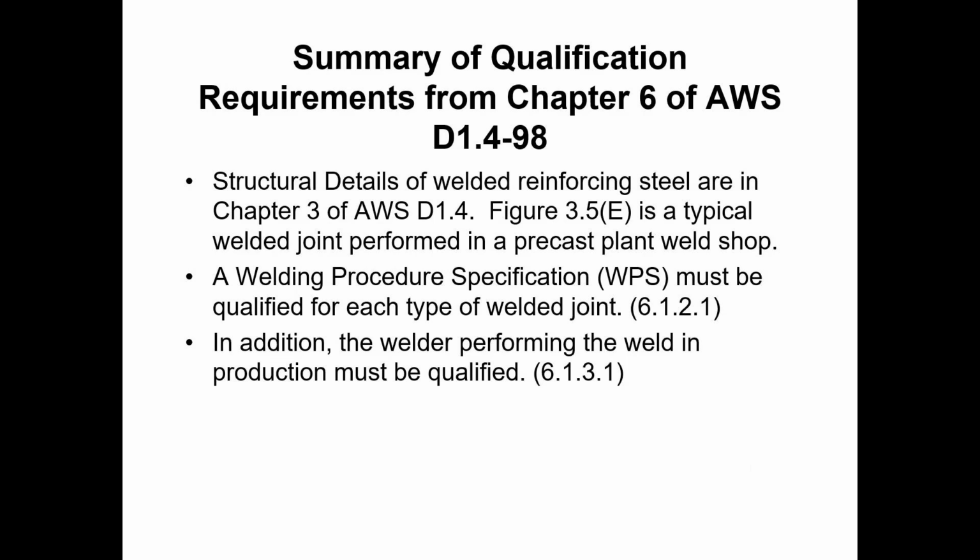So if you've got a person who has taken and passed some welding certification, if they've never been tested on, for example, an overhead flare bevel weld of a bar to a plate, then they have to be qualified on that joint, not just for the specific type of welding, but for that specific joint as well. If you're interested, those different structural details and more information can be found in Chapter 3 of AWS D1.4.